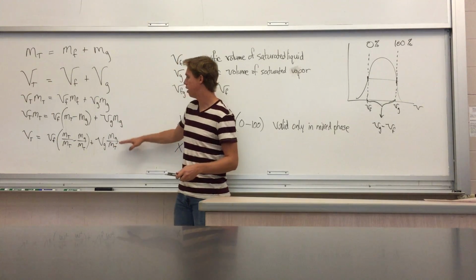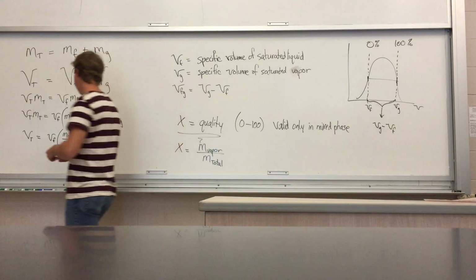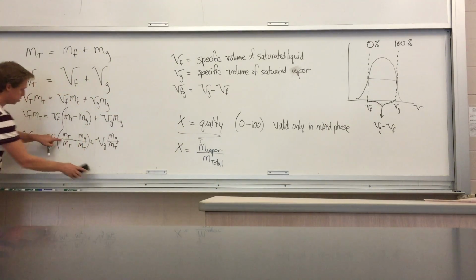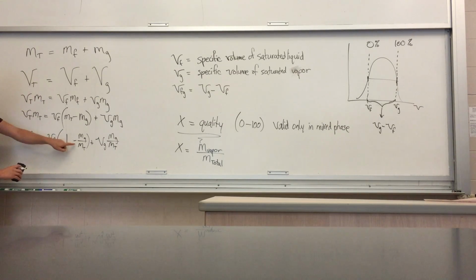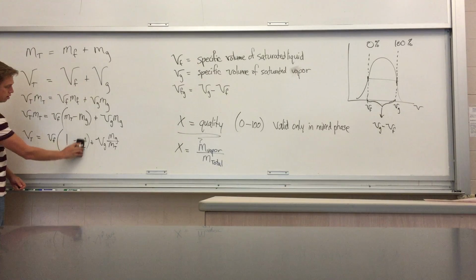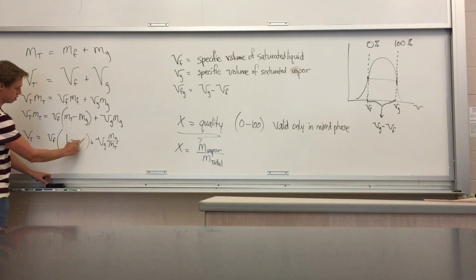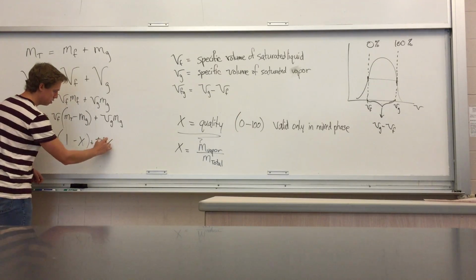See what happens from that line to that line. Okay, and now our definition of quality comes in. So this becomes a 1. Mass total over mass total, that's 1. This here, mass of gas over mass total, that's our definition of quality. So this becomes X, and this as well becomes X.